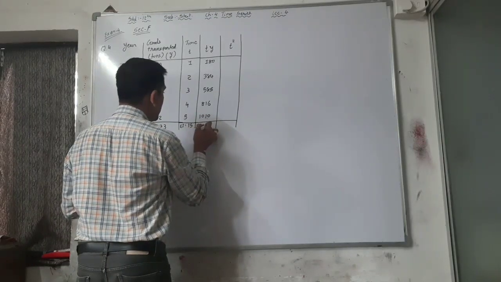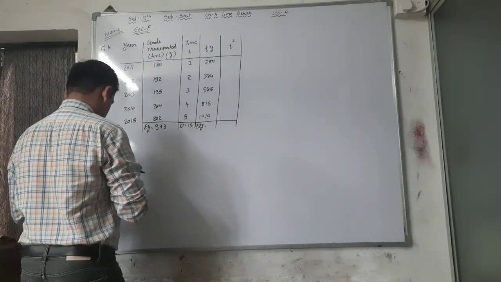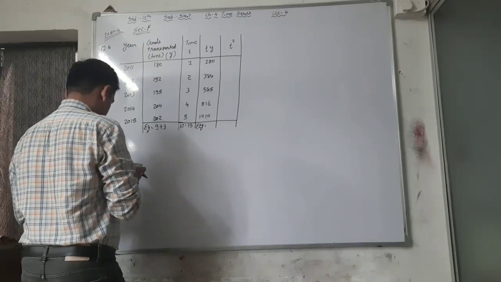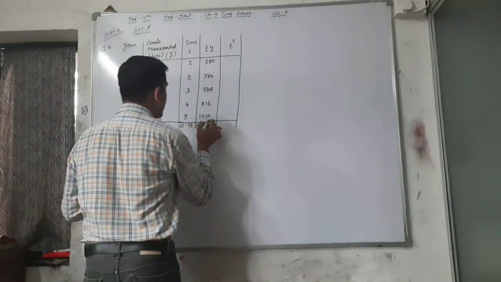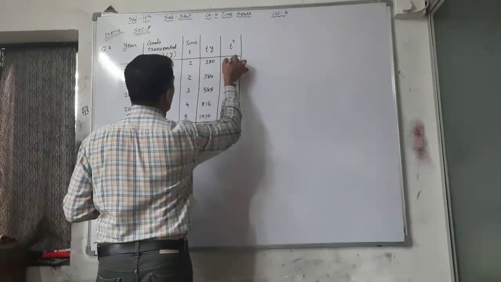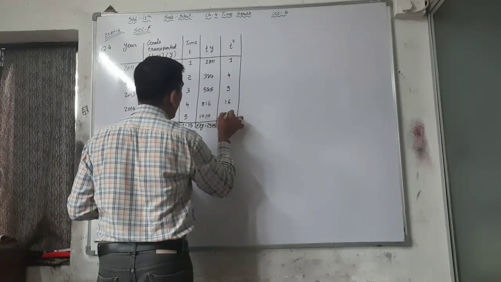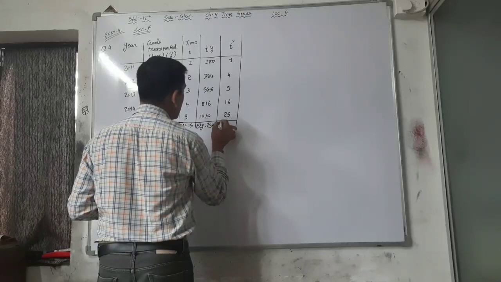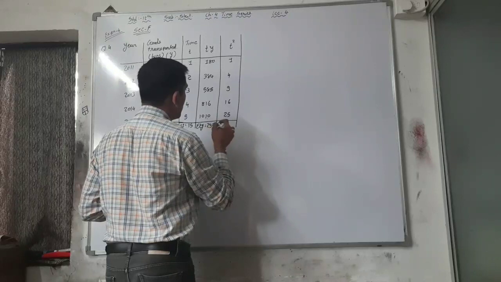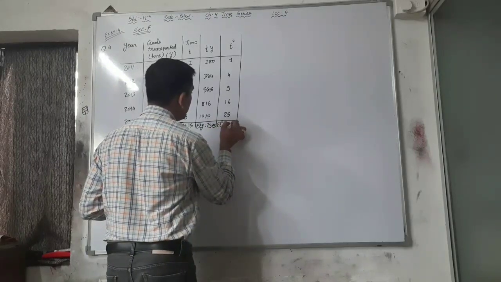Sigma ty is equal to 2975. Now t square, here 1, 4, 9, 16 and 25, so sigma t square is equal to 55.